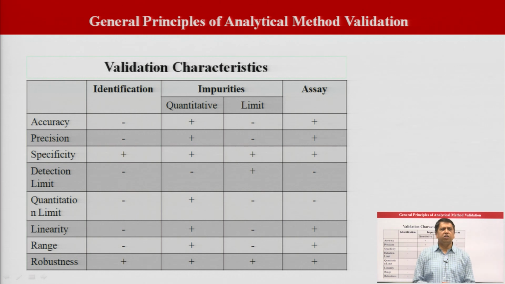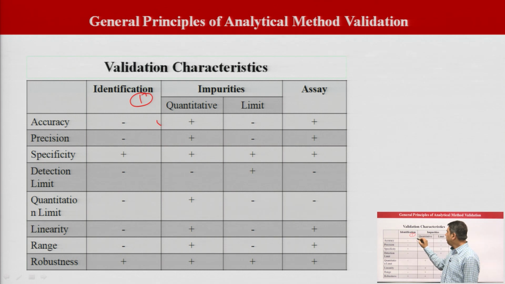And now, the last part of these slides is the validation characteristics. So, now you can go through this table and you can easily understand what are the different parameters that need to be established before usage of an analytical method. So, in this case there are three things. The first thing is the identification.